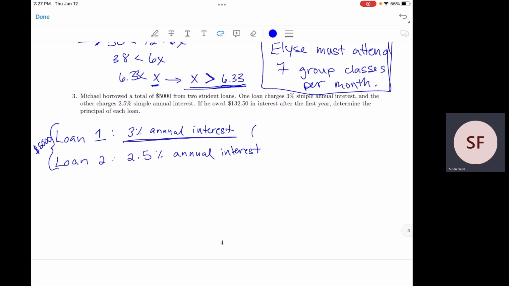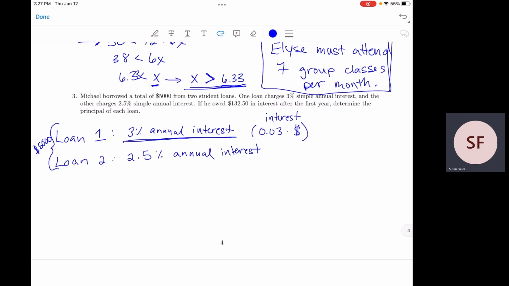So 3% of what you have in there is going to be 0.03 times the principal, which is the money. Let's write this in a way that makes more sense. If you do 3% times the amount of money that you have in there, that's your interest.